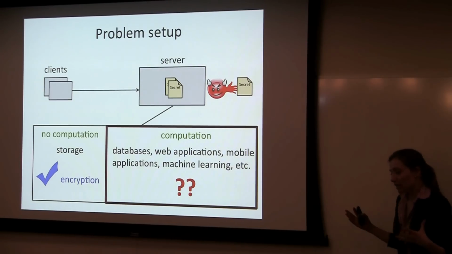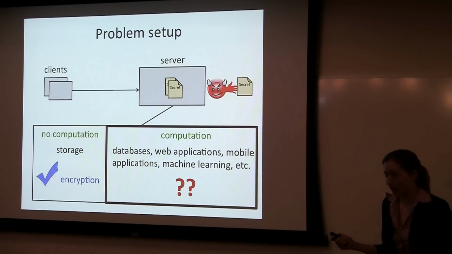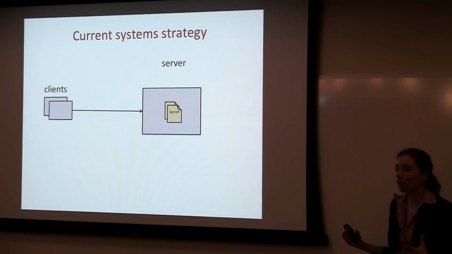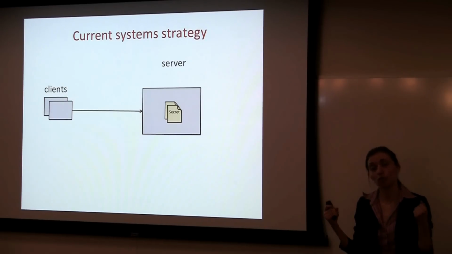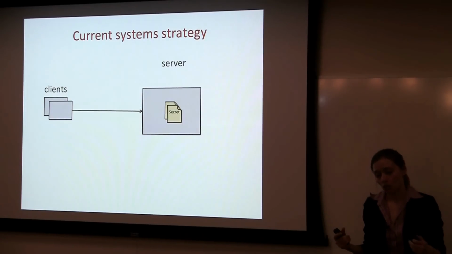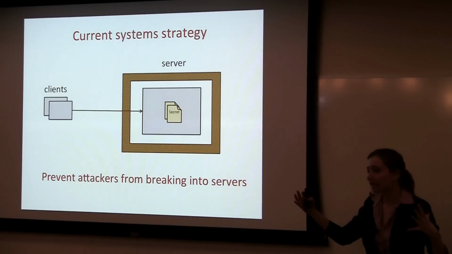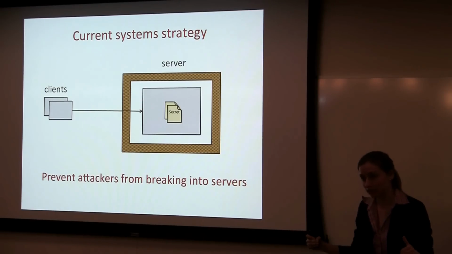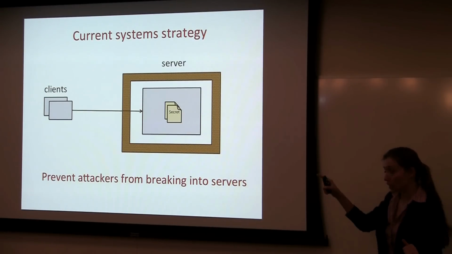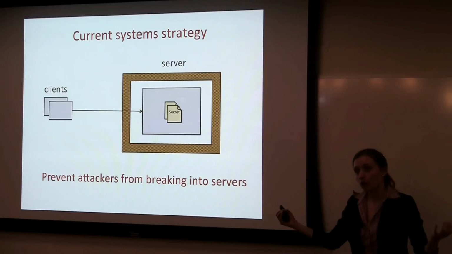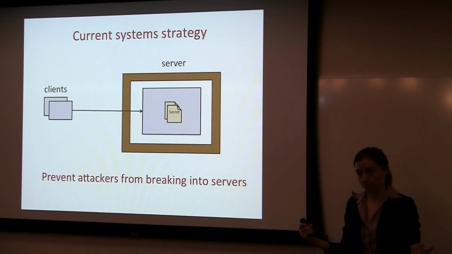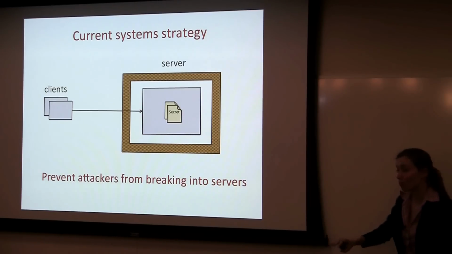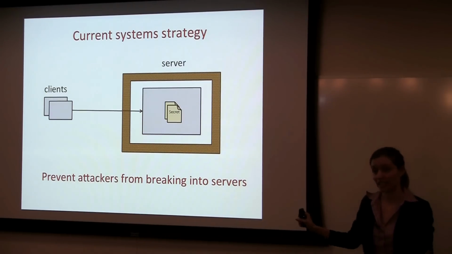This has been a big problem in systems for a while, and pretty much the whole systems community approaches it with one strategy: try to prevent attackers from breaking into the server. They store confidential data at the server, but try to prevent attackers from breaking in and stealing the data. This is how most data today is secured.